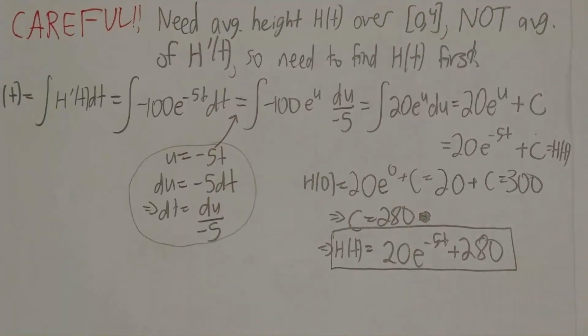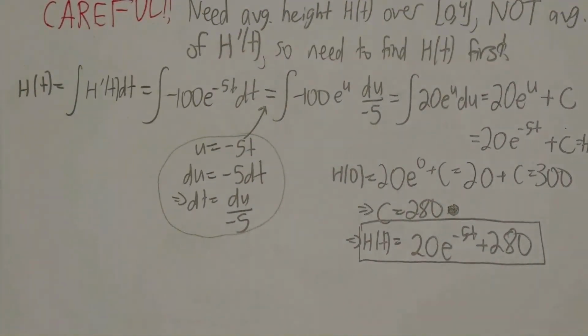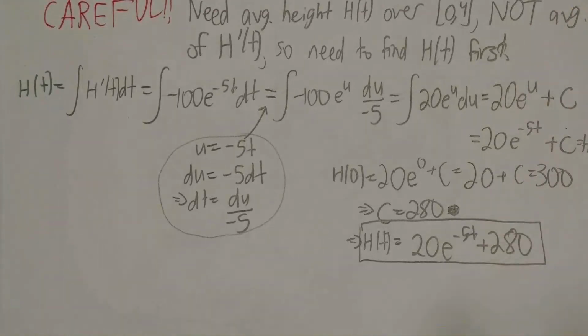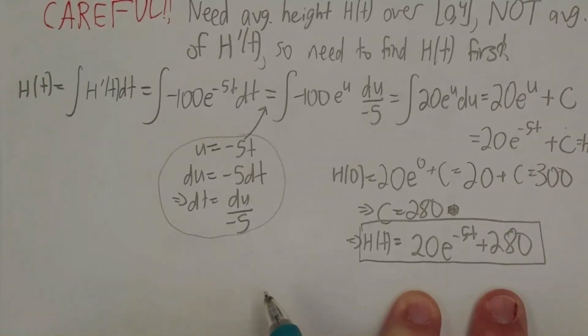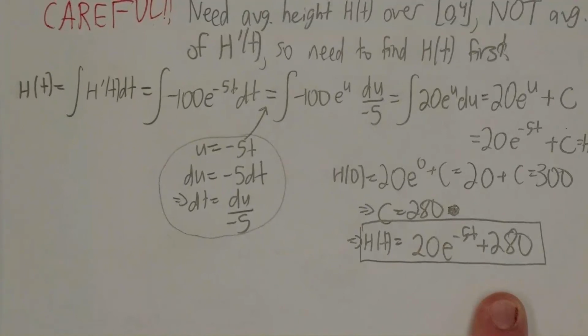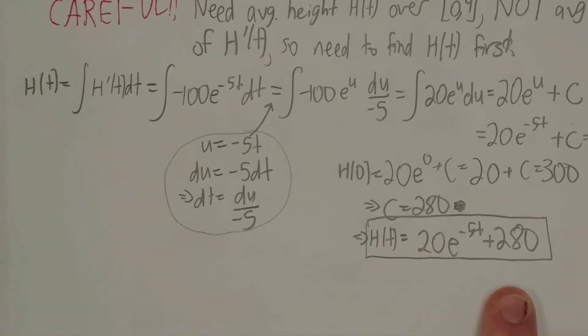Okay, so now the good news is that we have h of t, which is exactly the first thing we needed to do. So now we can take this function and find the average height of this over the first 4 minutes. So in this case, we have the thing we were trying to look for here.